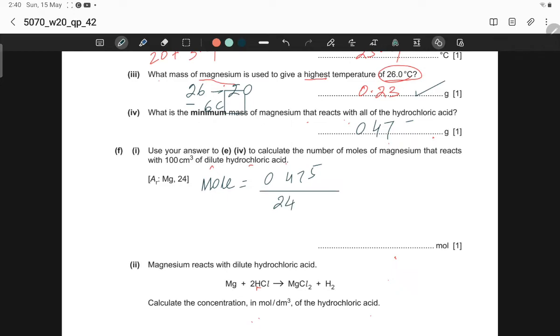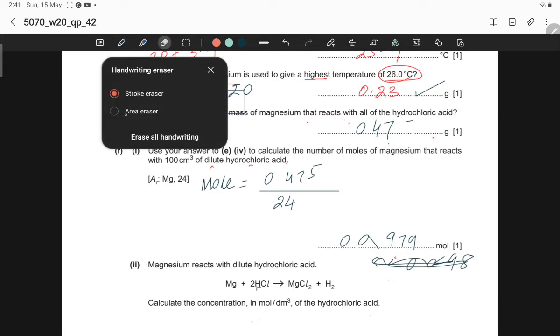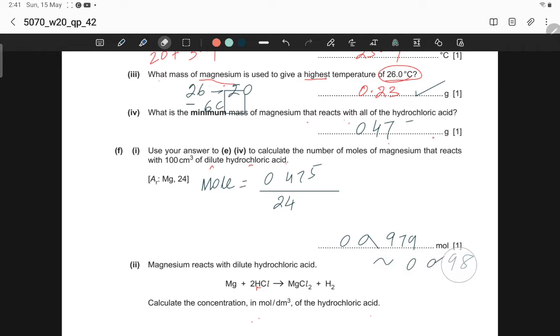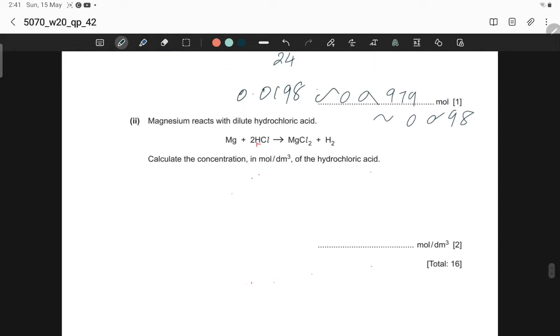So this is equal to 0.01979, approximately 0.0198. Now calculate the concentration.